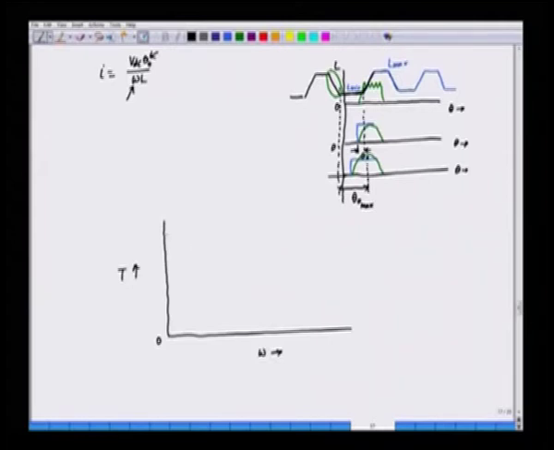The first region, up to the base speed, this is our base speed omega b, is called the chop mode. This is also called the constant torque mode.